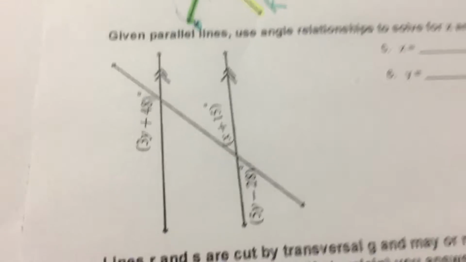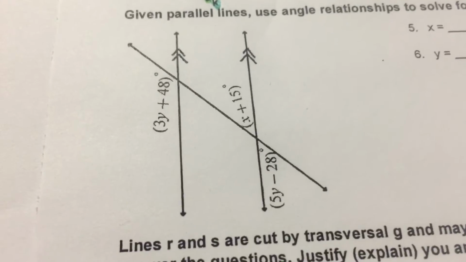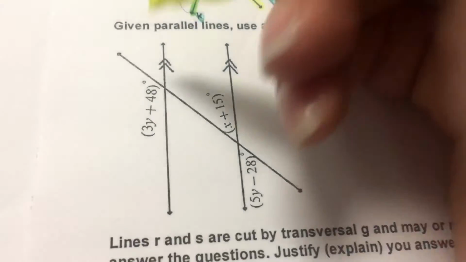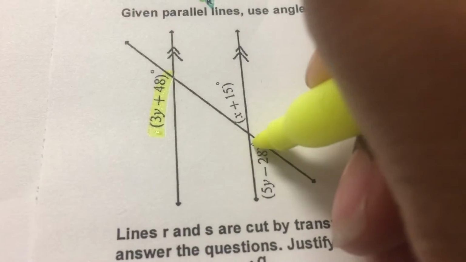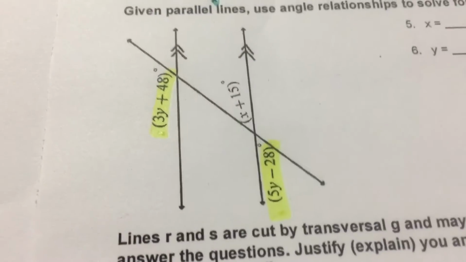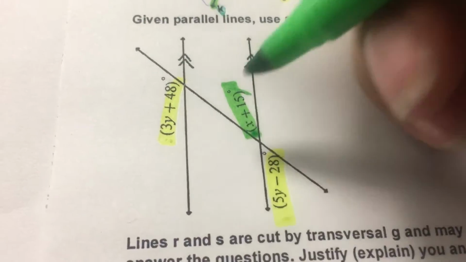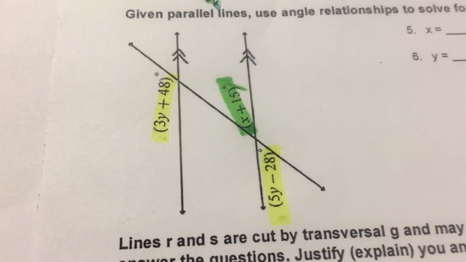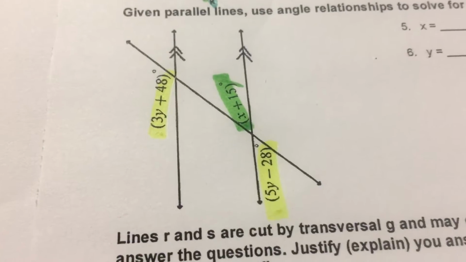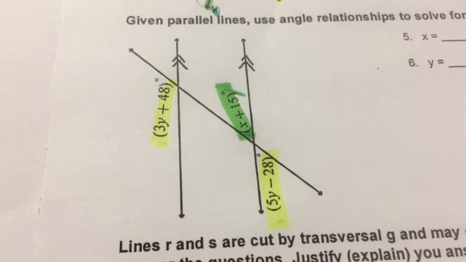All right, next set of questions. First thing I want to do is highlight all of my angles. So the first set of angles that I highlighted are these two Y's here.